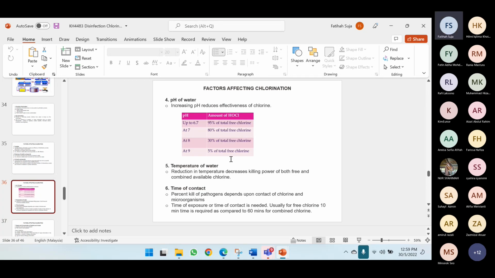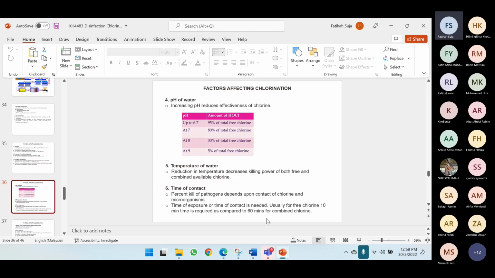Temperature of water. Reduction in temperature decreases the killing power of both free and combined available chlorine. Meaning that higher temperature is better. Time of contact, percent kill of pathogens depends upon contact of chlorine and microorganisms. So time of exposure or time of contact is needed. Usually for free chlorine, 10 minutes is required as compared to 60 minutes for combined chlorine.